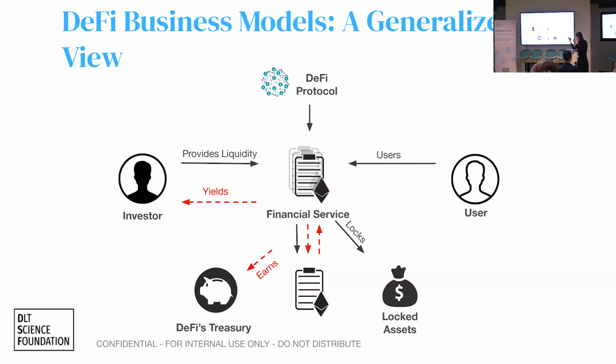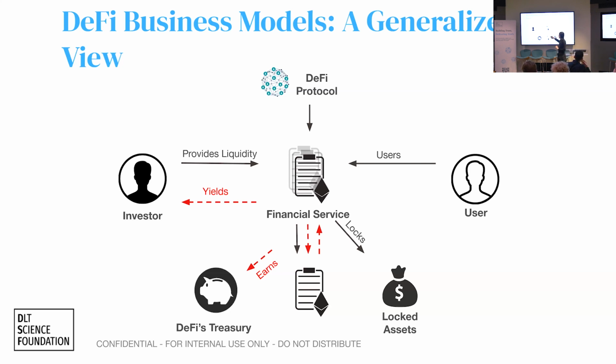So they can hold assets, they can hold liquidity, and that's the supply side of the market. Then they have the smart contract to hold and manage the assets. And the user, this is the demand side.